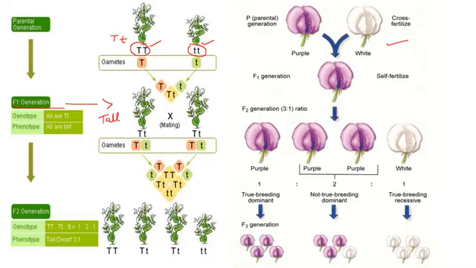And why were these plants tall? Because of the genotype. If we see the genotype here, we have heterozygous genes, where one is the dominant and the other is the recessive gene, right?